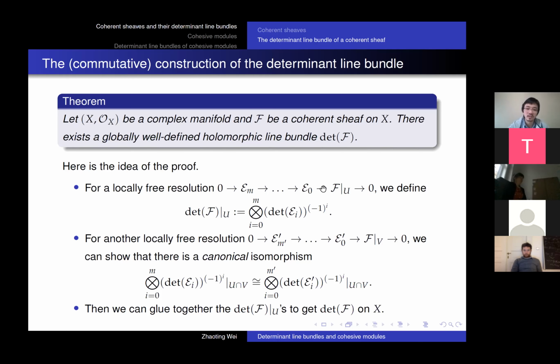But if we have two locally free resolutions, then on the overlap we have a canonical isomorphism determined by the resolutions themselves. Using this canonical isomorphism, we can glue together the locally defined determinant line bundles to get a globally defined holomorphic line bundle. That is how we define the determinant line bundle of a coherent sheaf.